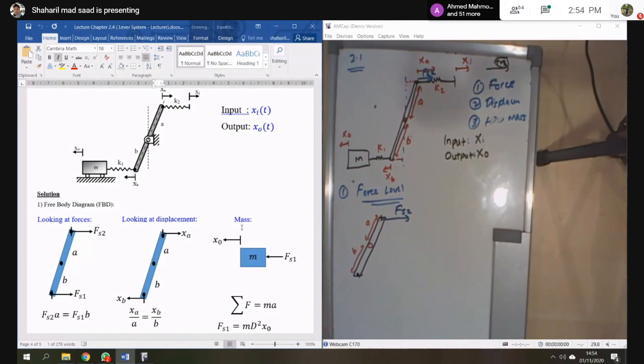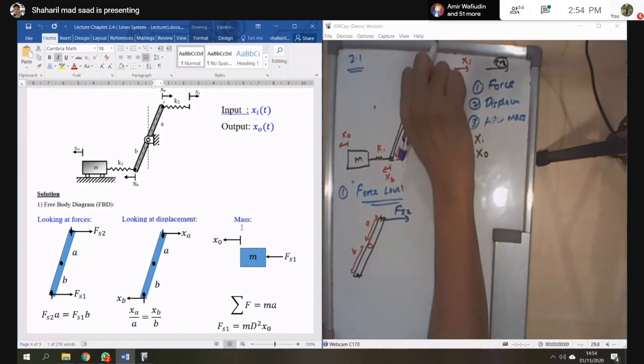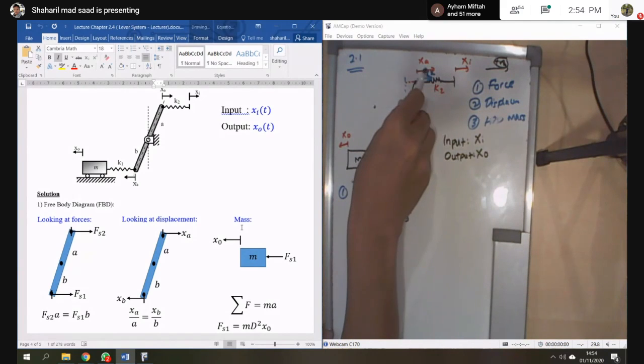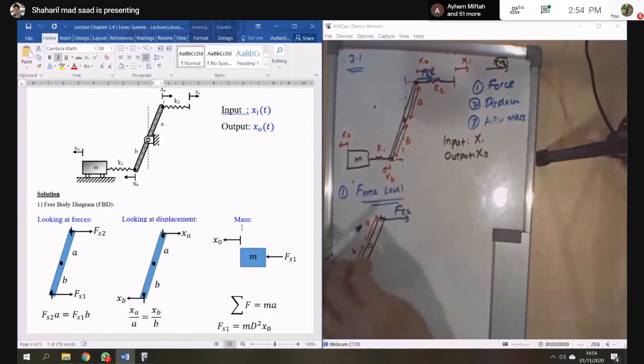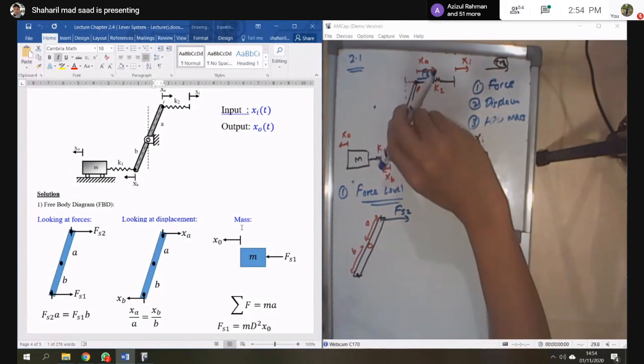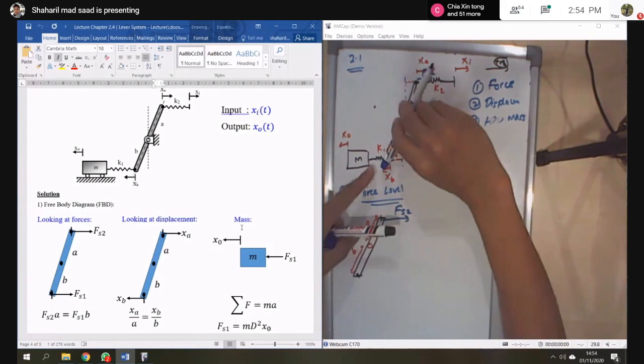Clear? So at this point, when this lever pulls this way, that means this lever tries to push this spring, pull this spring. So the force from this spring will fight back, will push it back.